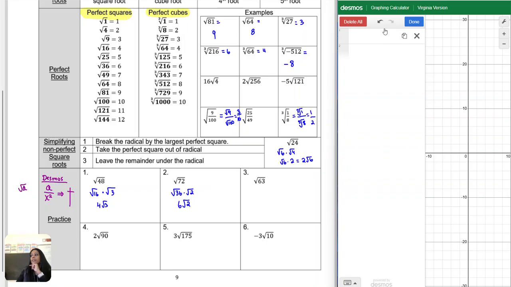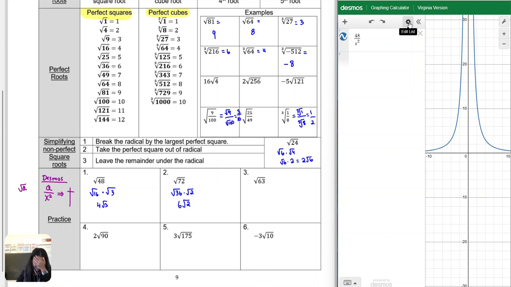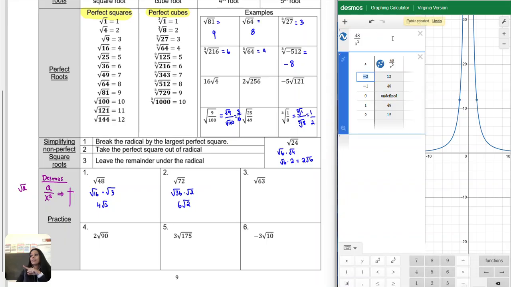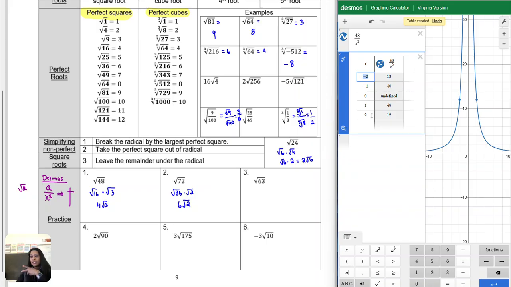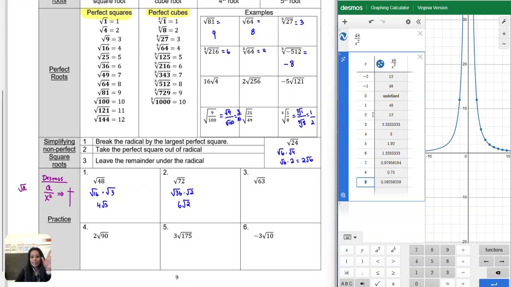Let me show you again. You do the number divided by x squared. Press the gear button, and then turn it into a table. Then you click on the last number, which is usually 2, and just press enter. I like to hear this sound whenever I see students practicing, because I know that means you're doing it right.